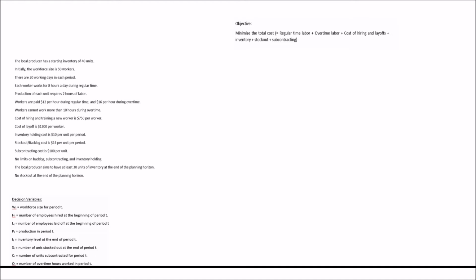So now let's formulate the objective function. The objective components are regular time labor, overtime labor, cost of hiring, cost of layoffs, inventory holding cost, stock out, and subcontracting costs. So the first component is regular time labor. So how much do we pay for the labor in regular time hours?